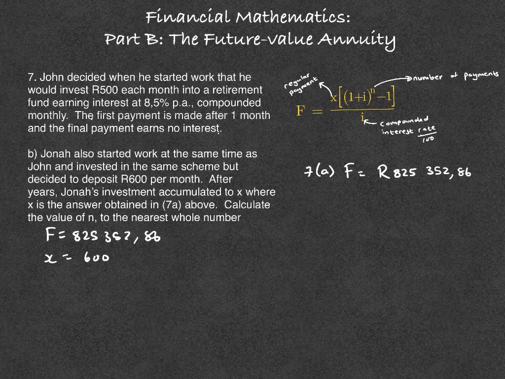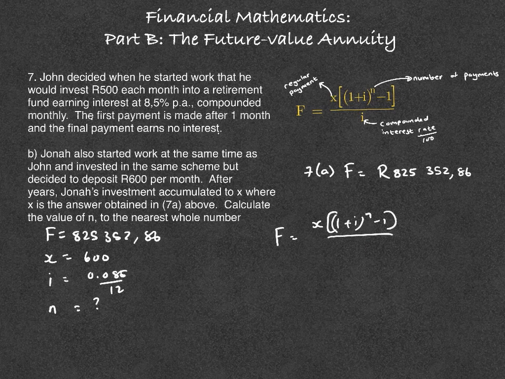And we know i is exactly the same, so that's 0.085 over 12. We want to now work out what n is equal to. Okay, so how do we do that? You write down your formula: F is equal to x times (1 plus i to the power of n, minus 1) over i.